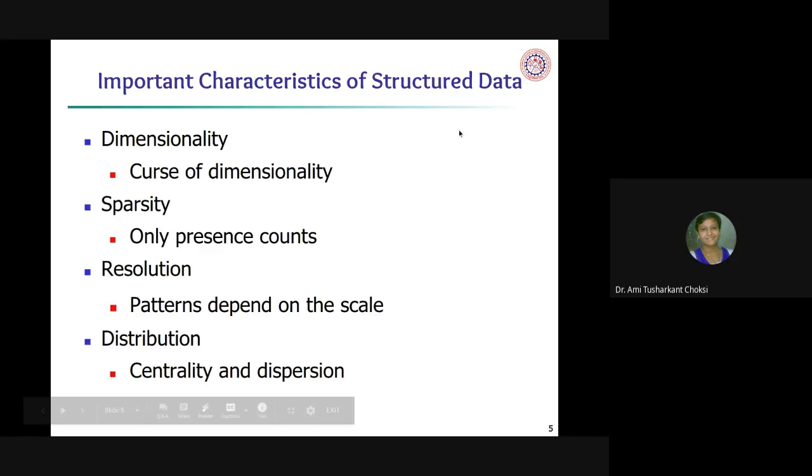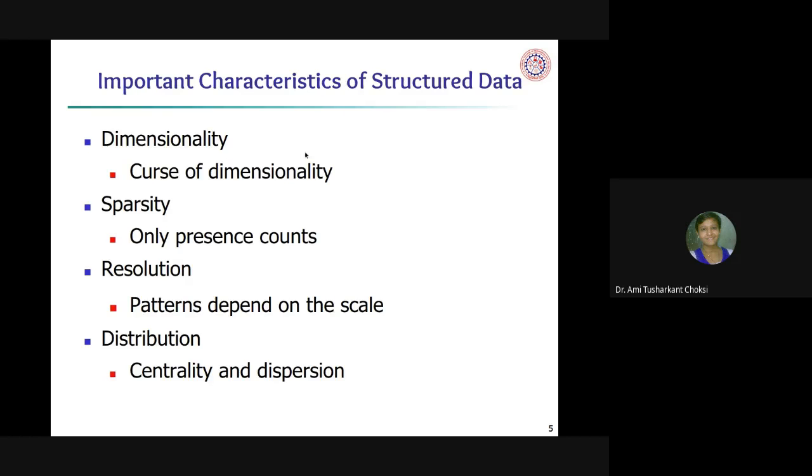Important characteristics of structured data. We know that in the data warehouse we have structured data as well as unstructured data, right? Let us consider the important characteristics of the structured data.